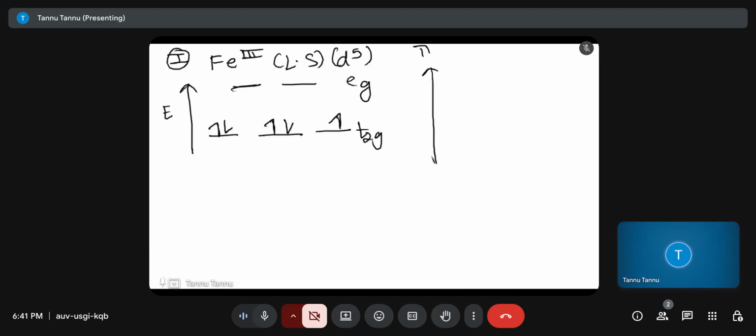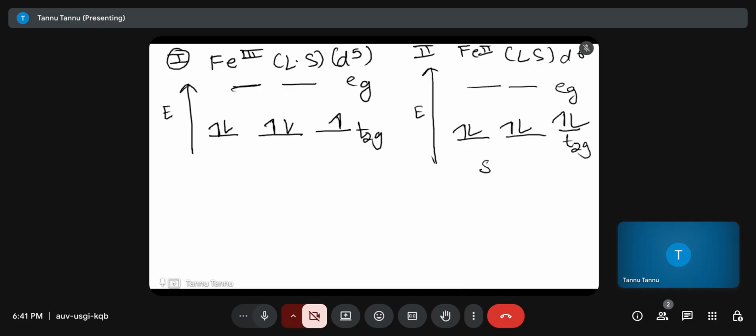And in the second case, when you have Fe2+ low spin, that is d6, you have 6 electrons paired in your t2g orbital. This is your asymmetrical filling of electrons, and this is symmetrical filling of electrons.